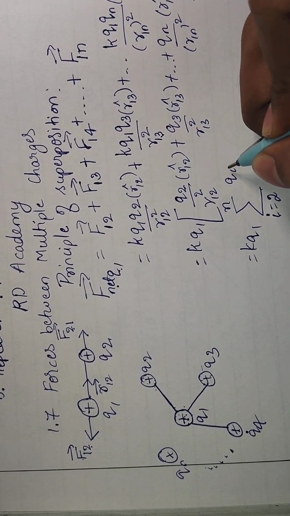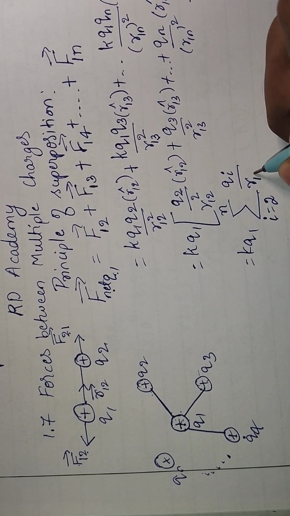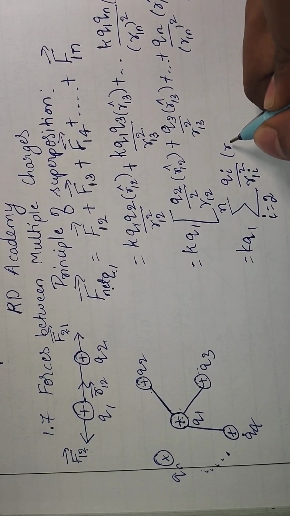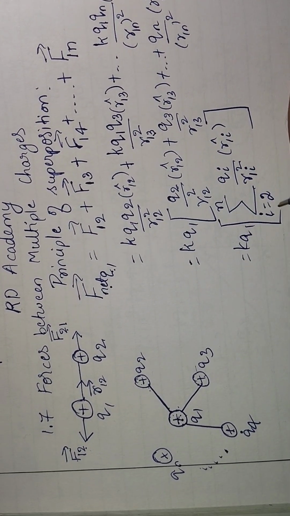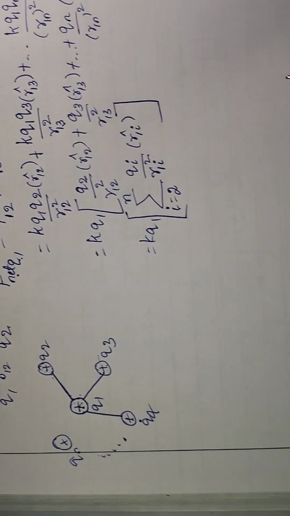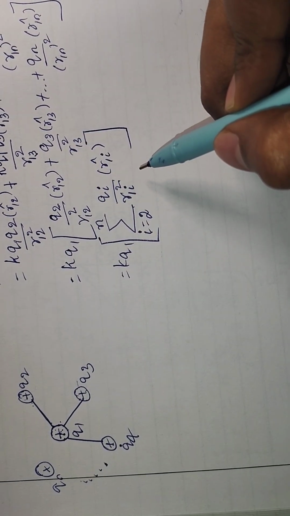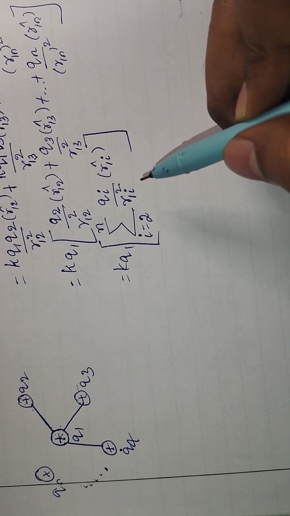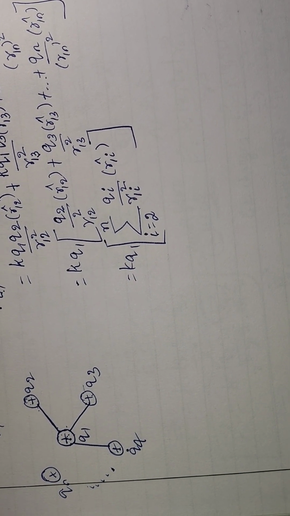So Qi divided by R1i square into R1i cap. This is just a mathematical simplification, a mathematical reduction of this expression. So this is what your principle of superposition tells you.